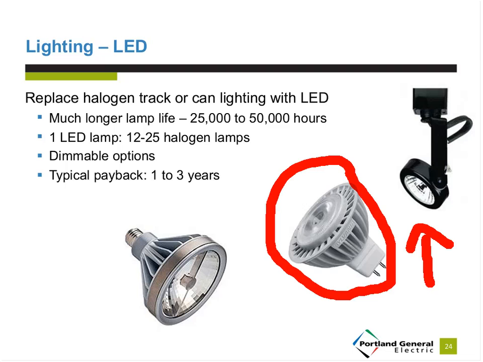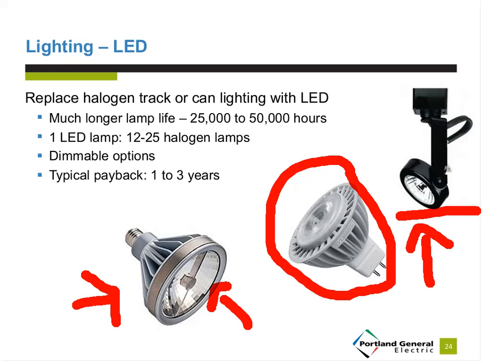So this is an example of a halogen lamp. It has a shiny interior to it, and it looks different than the LED. With this kind of lamp you'll get about 2,000 to 8,000 hours of operation, whereas LEDs can last 10 times longer. So it's really a great investment.